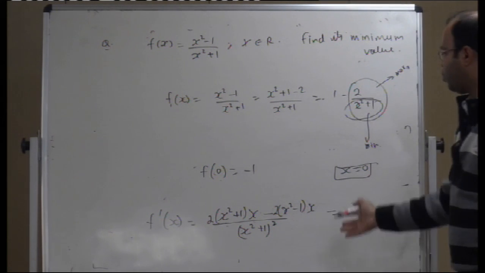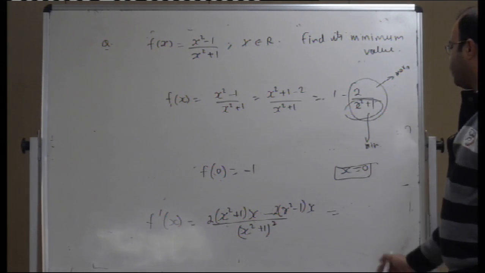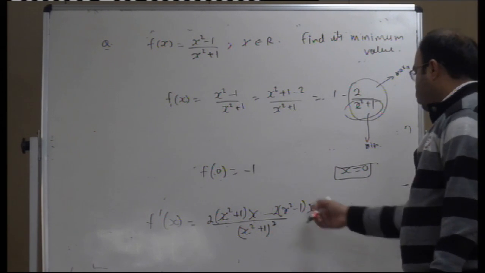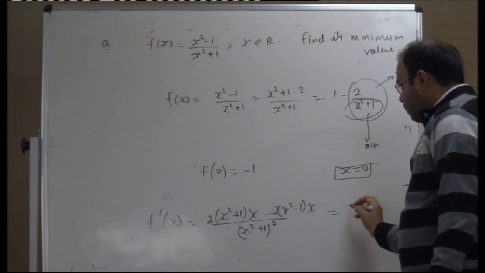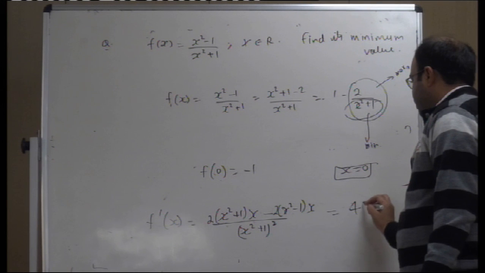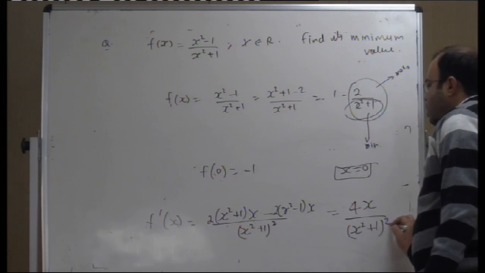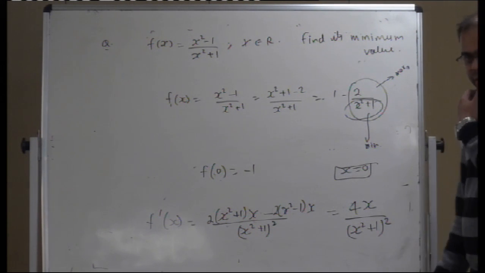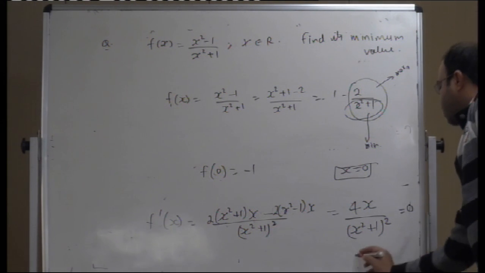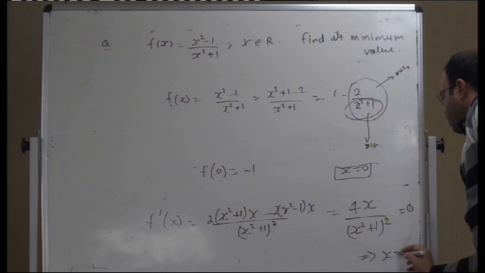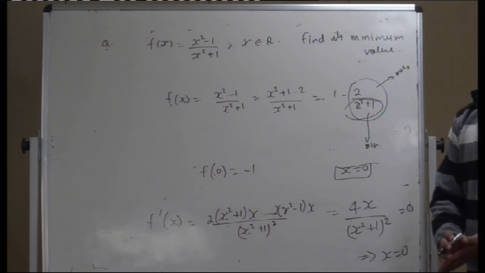This would become 2x, you could take common, and this would become 2, that would become actually 4x upon (x square plus 1) whole square. Now this single derivative when equated to 0 gives you x equal to 0. So again we have got the same point for consideration.